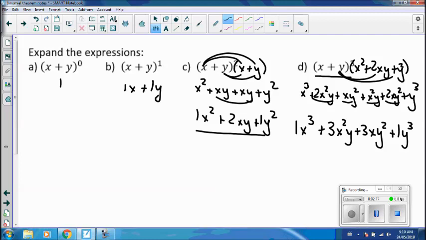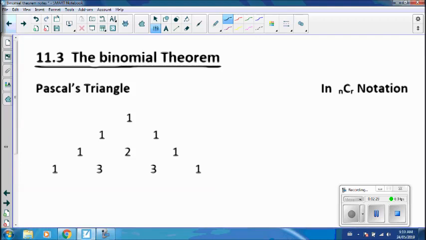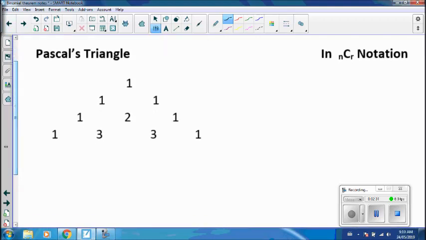So what we notice here is that these numbers, these coefficients, without the x's and the y's, are in Pascal's triangle over here. So this was x plus y to the power 0, right? And then I had 1x plus 1y to the power 1, 1x squared plus 2xy plus 1y squared, and so on.